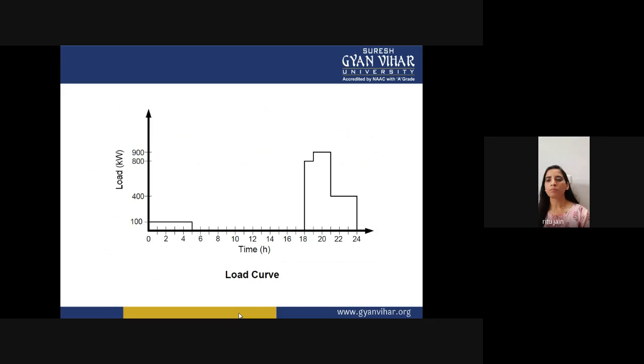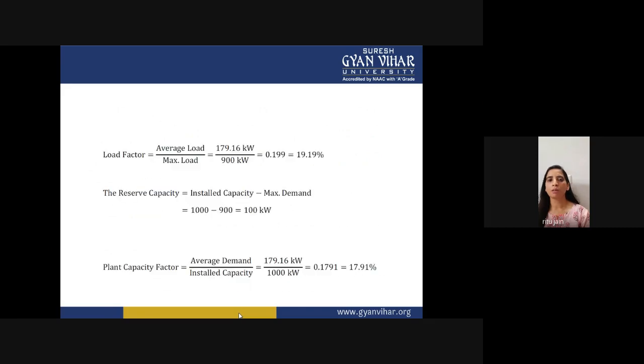So you can easily calculate the load factor, which is equal to average load upon maximum load. The average load is 179.16 kilowatt, divided by 900 kilowatt, and the load factor is 0.199. In percentage, it is 19.9% load factor.